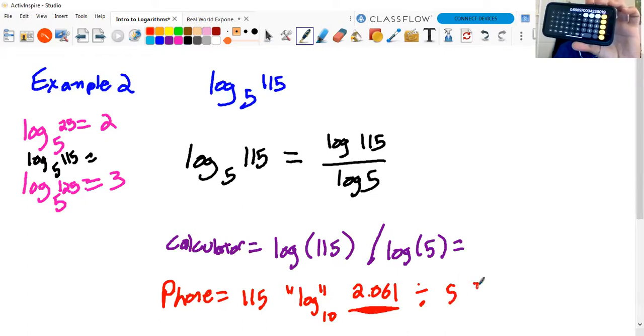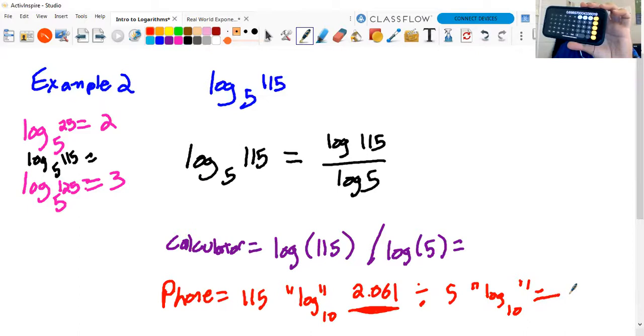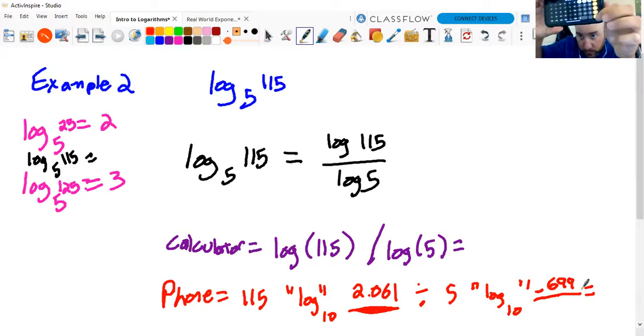So 5 log base 10, which is 0.699. Hit equals. And I get 2.948.